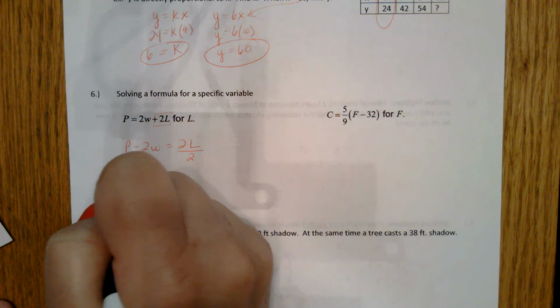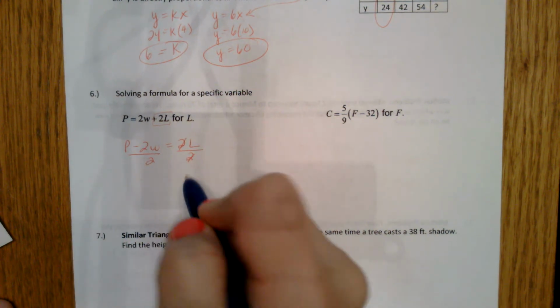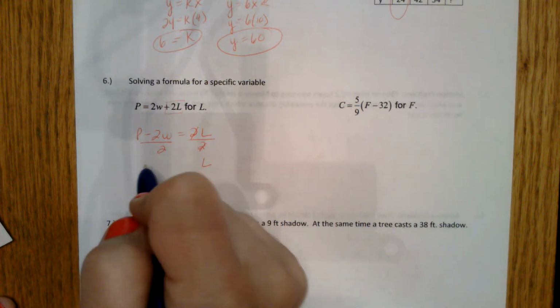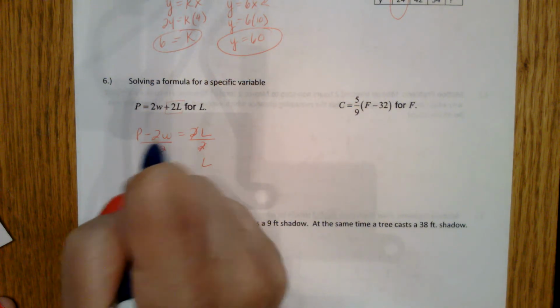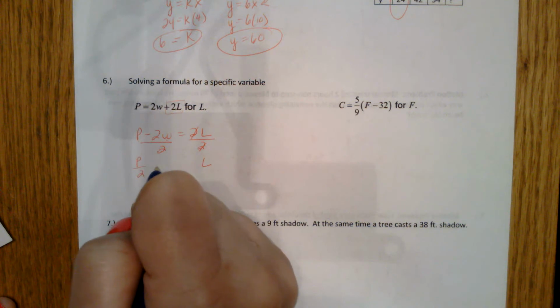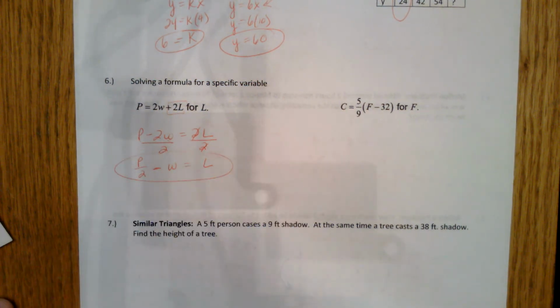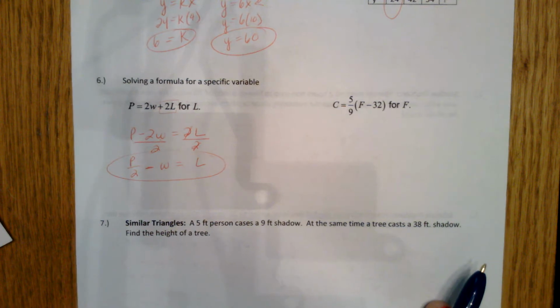And then we're going to divide by 2. And you can leave it like that. It might ask you to rewrite it. You can rewrite the 2 underneath each of these. So P over 2 minus 2W over 2 is just 1W. Again, it depends on how they want you to write it, but either would be fine.